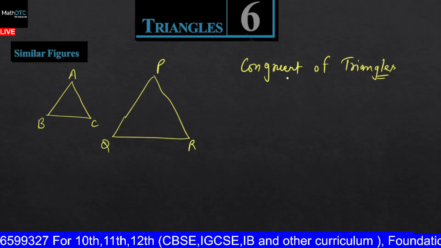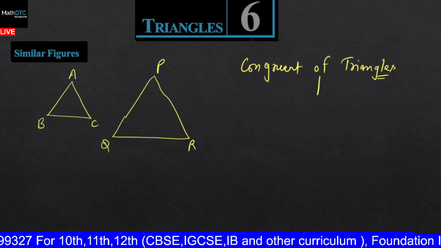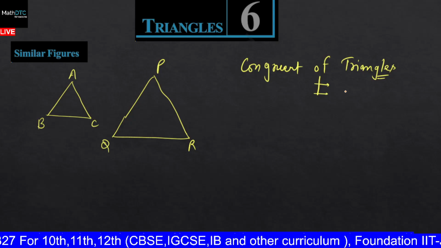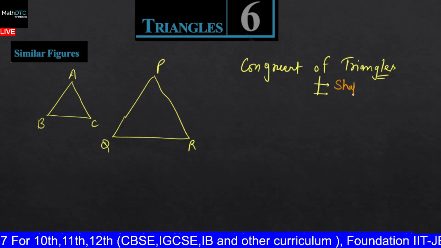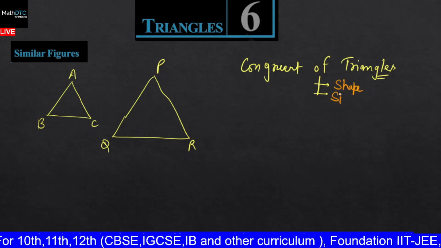So when we describe congruence, we need two things: one is shape, and the other is size.